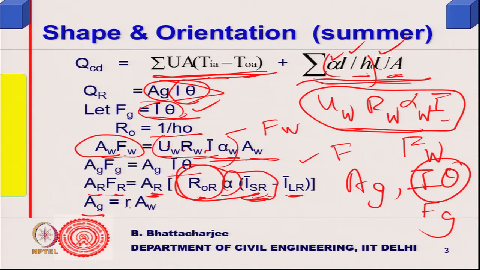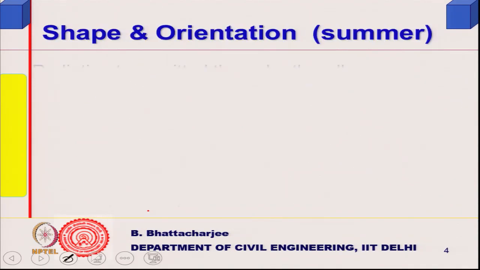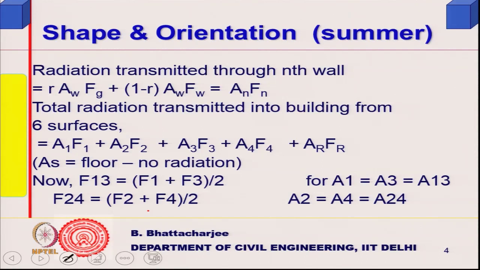So, similarly A_G can be written as R into A_W like we did earlier. An expression we can obtain in the same manner: radiation transmitted through the wall will be given as R A_W, because this is for the glass portion of the wall, into A_W F_G, where F_G stands for I theta.